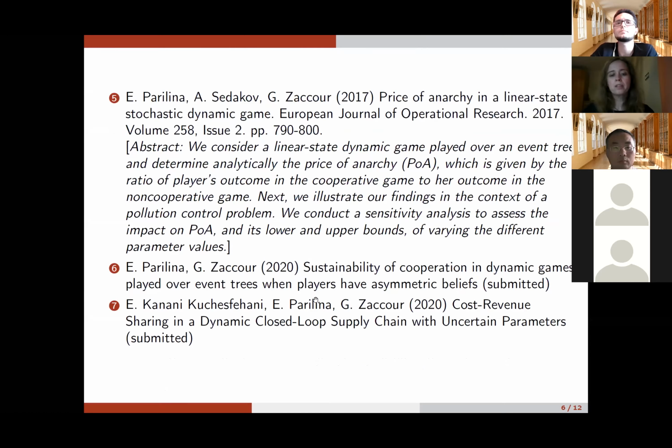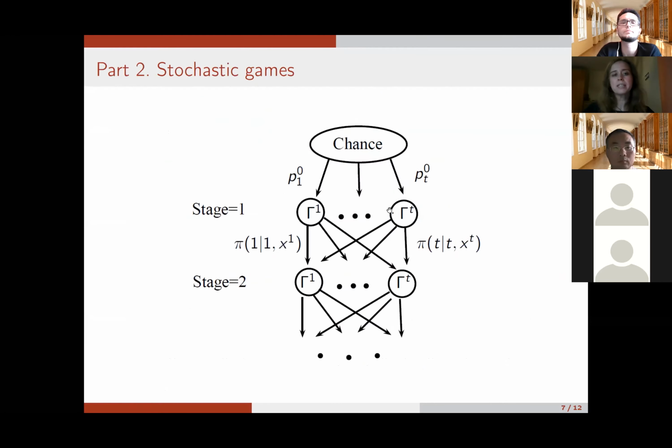And we adopt this scenario for, again, the event tree, and got some results about the Stackelberg-Nash equilibrium, and got some sensitivity analysis and numerical simulations for these results.